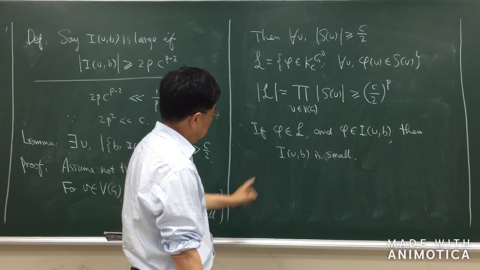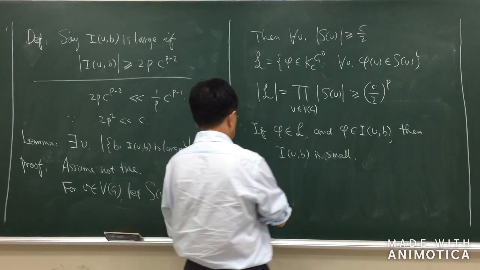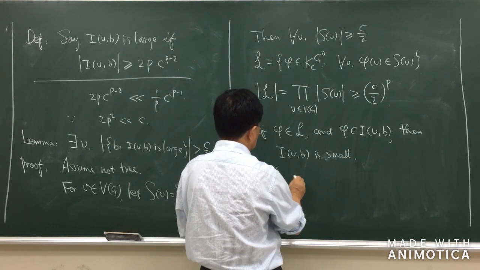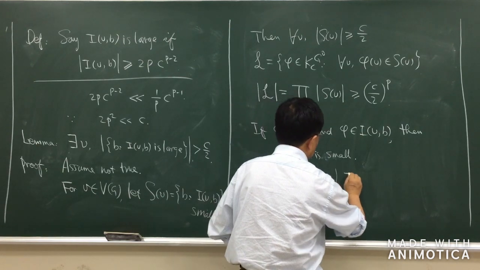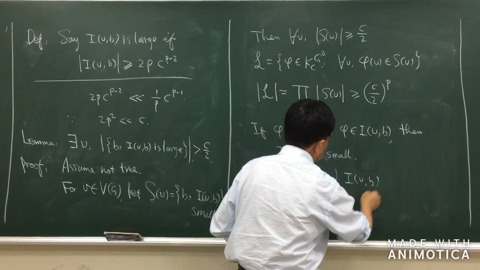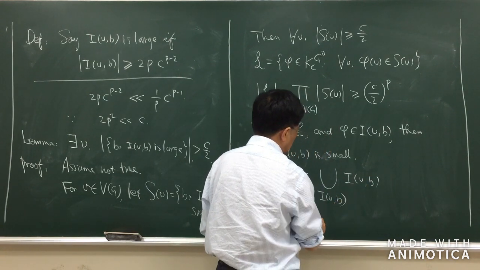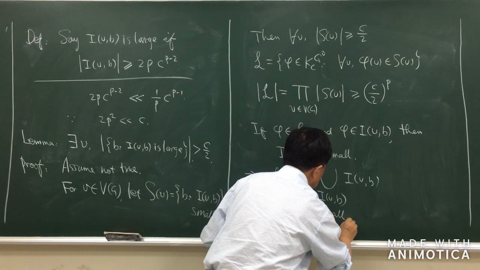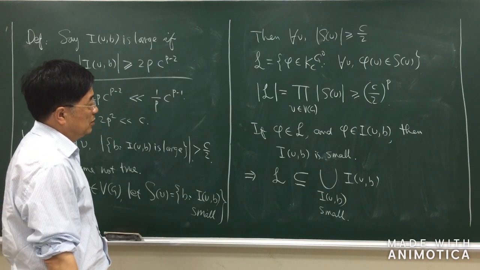So this implies that this set is contained in the union of those I_{V,B}, where the union ranges over all the small ones.